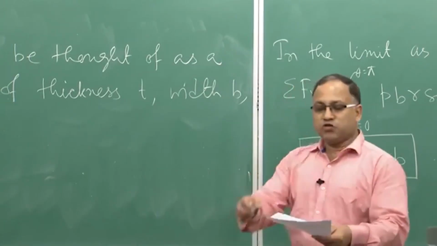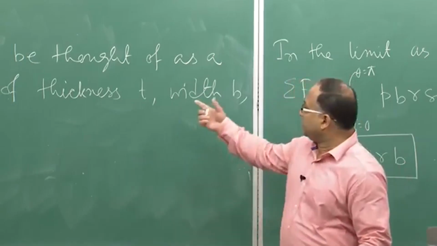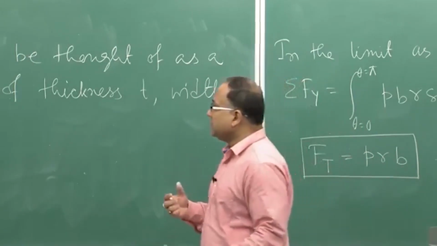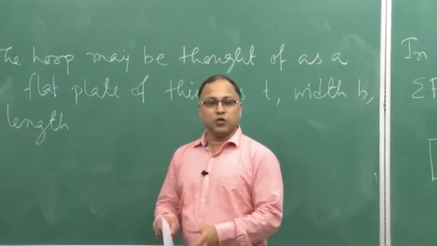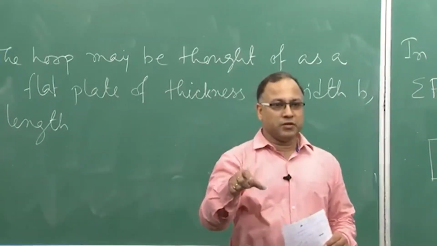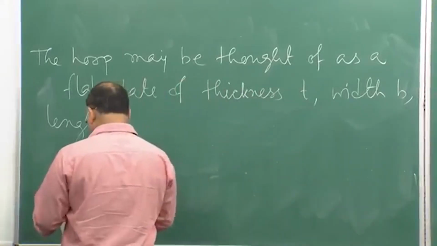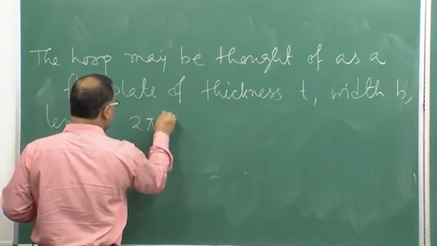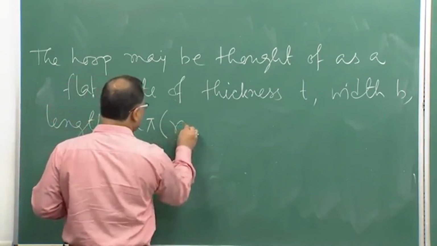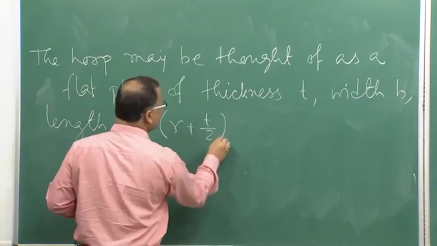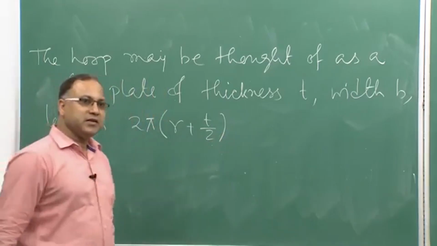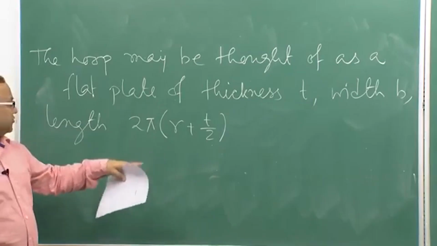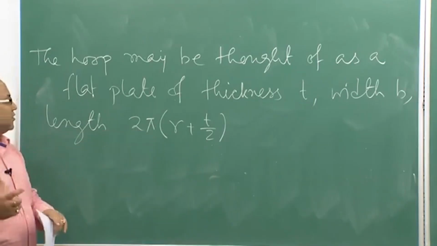So, thickness will remain the same, width will remain the same, that is B. The length will be the perimeter of the hoop. So, that perimeter, the length, will be 2 pi into r plus t by 2 if you consider the mean radius. So, that is the perimeter. When you are stretching it out, that will be the length of the flat plate.